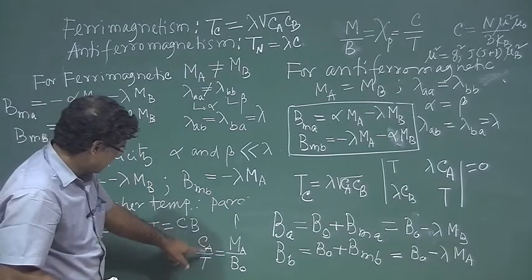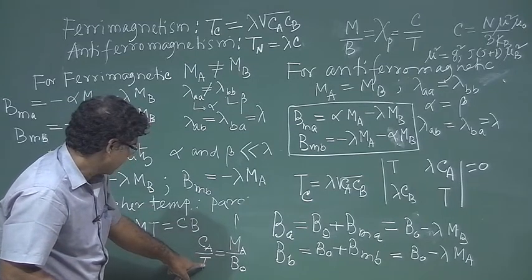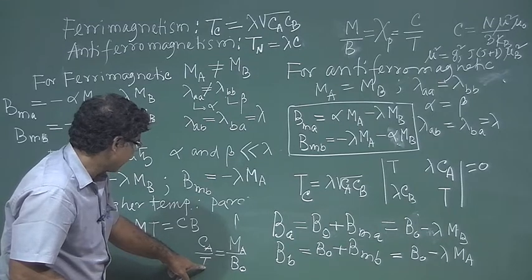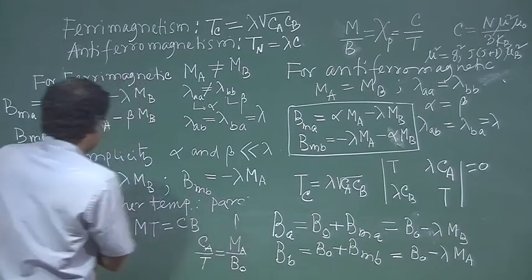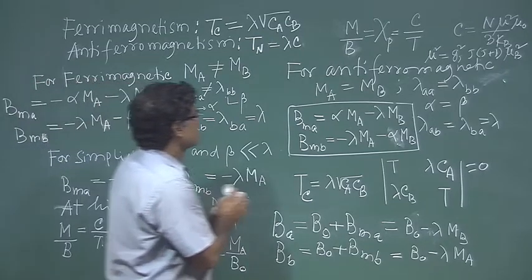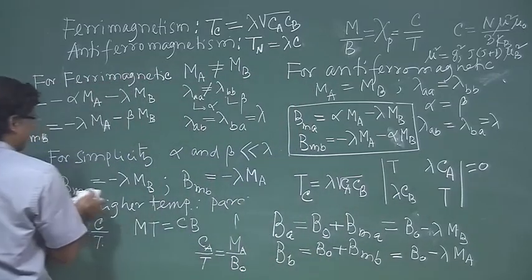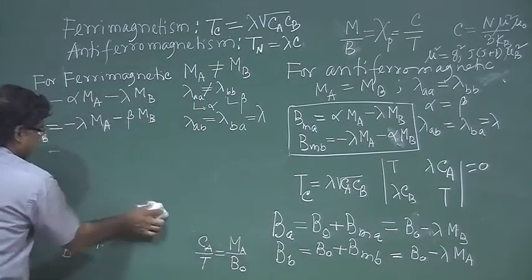So, this is C_A by T. Let me use this space.